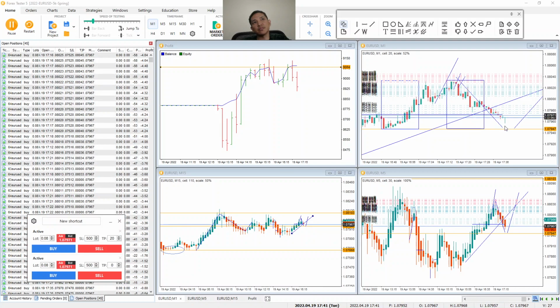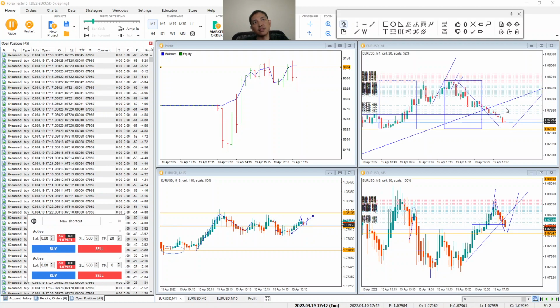I'm just waiting for it to come down a little bit. And if this was a wick at the bottom, like a doji, then this is basically apex. So this might be it.